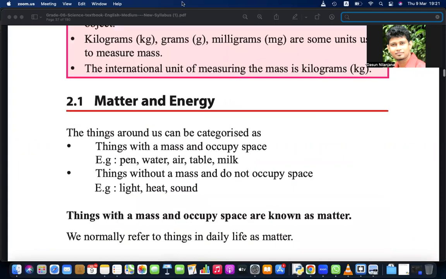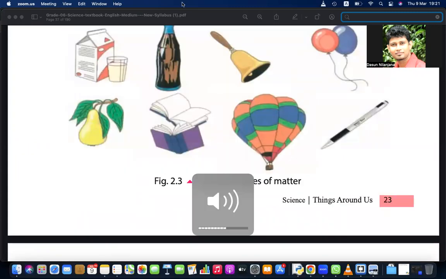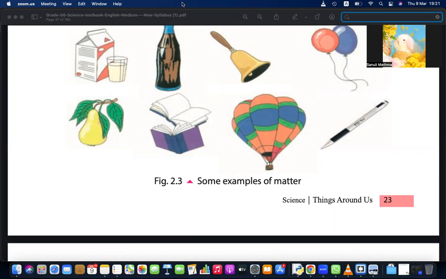Tell me examples for energy. Light. Okay, correct. What else? Sound.